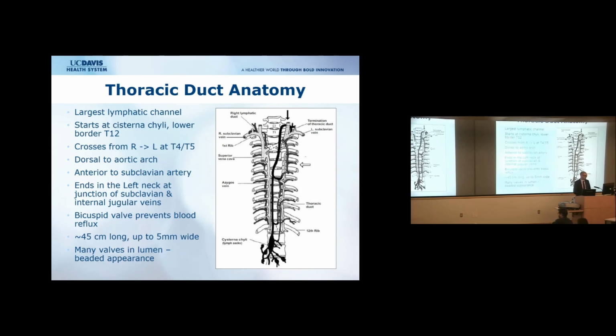It crosses anterior to the subclavian artery and ends in the junction of the subclavian and internal jugular vein. There is a bicuspid valve at the end of the duct to prevent blood reflux into the lymphatic system. It's about 45 centimeters long and up to about 5 millimeters wide, so not very big, and this becomes important when we discuss some of the therapeutic options later on.